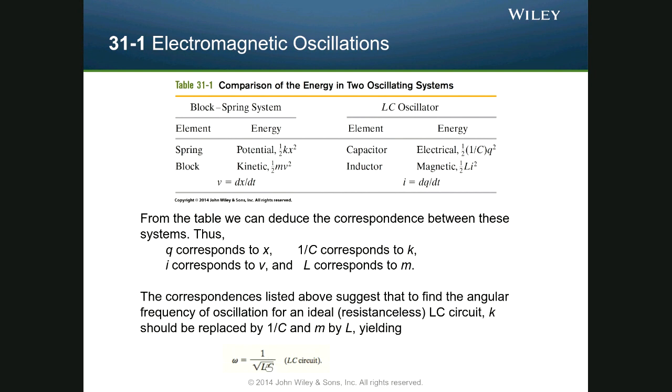All right? So let's take a look at that. You can see what they're doing. They're sort of solving by analogy. So if you remember, omega equals the square root of m over k. So if we just plug in the corresponding things here, oh, no, I think it's k over m.